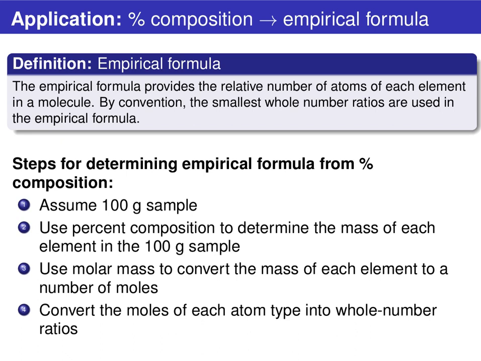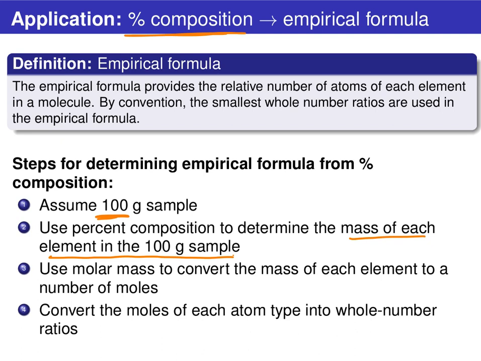Okay, you're dealing with a percentage out of 100, right? Why not assume 100 as your starting place? So in this case, we're going to assume a 100-gram sample. And then we're going to use the percent composition data, our starting point in this type of problem, coupled with our assumption of a 100-gram sample to determine the mass of each element in that 100-gram sample.